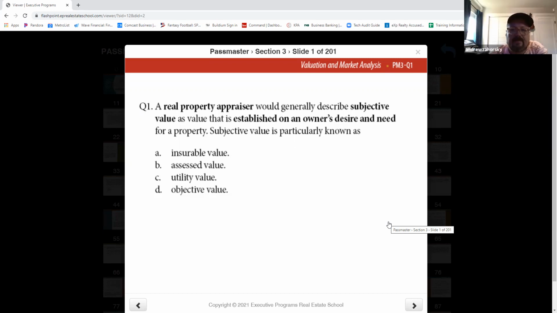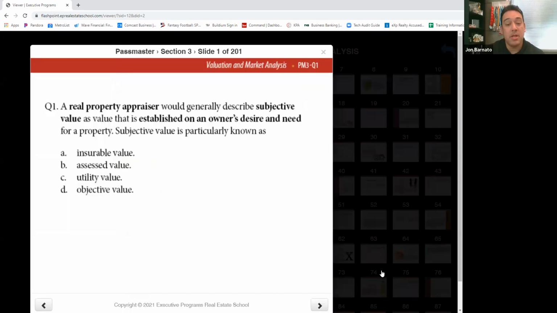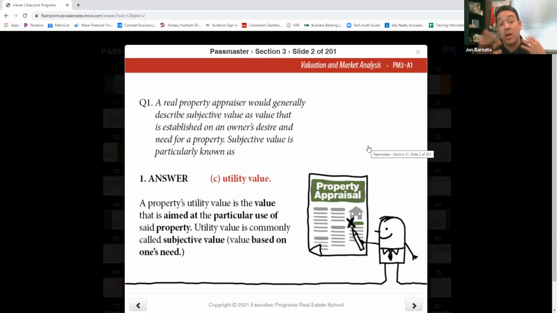Correct, utility value. So it is a very important concept. If you want to remember anything about appraisal and valuing financial analysis of property, it is always the concept of usefulness, right? How useful is the property going forward for the buyer is considered utility. So think about it that way, because that's how they're going to view the value of the property.